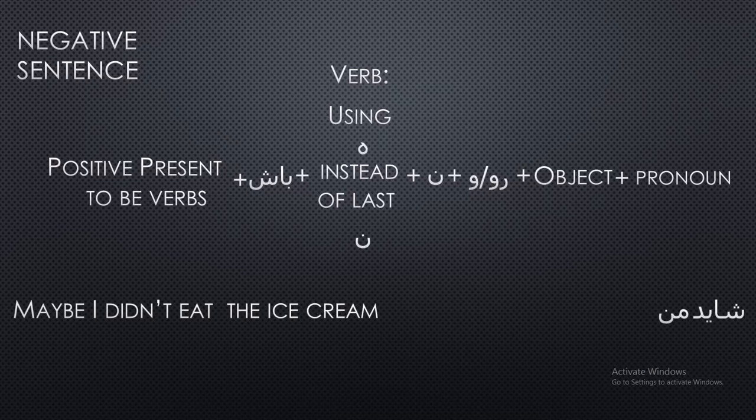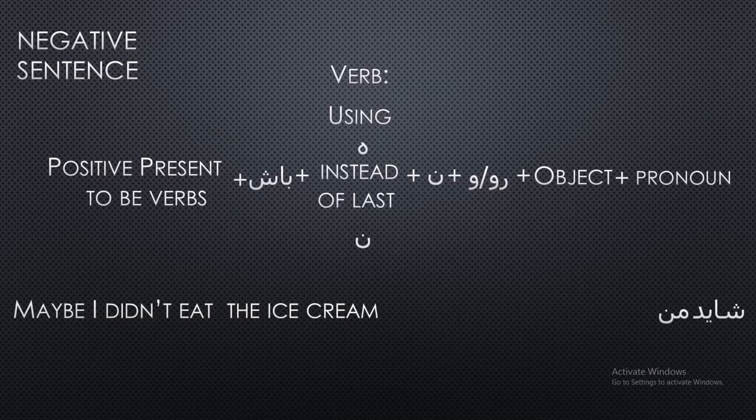The ice cream. Ice cream is our object, which means bastani. And we are talking about the ice cream in particular. We mean a specific ice cream, so we should use ro or ve after our object.